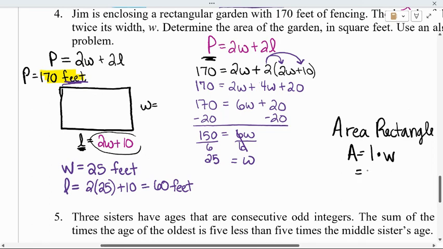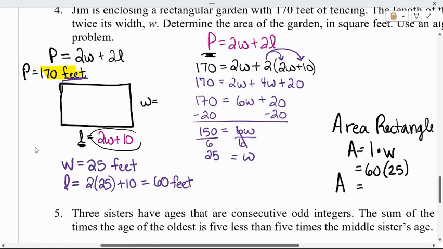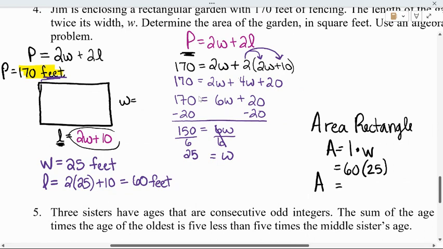So if our length is 60 feet and our width is 25 feet, what is our area? Say again. 1,500 square feet. 1,500 square feet.